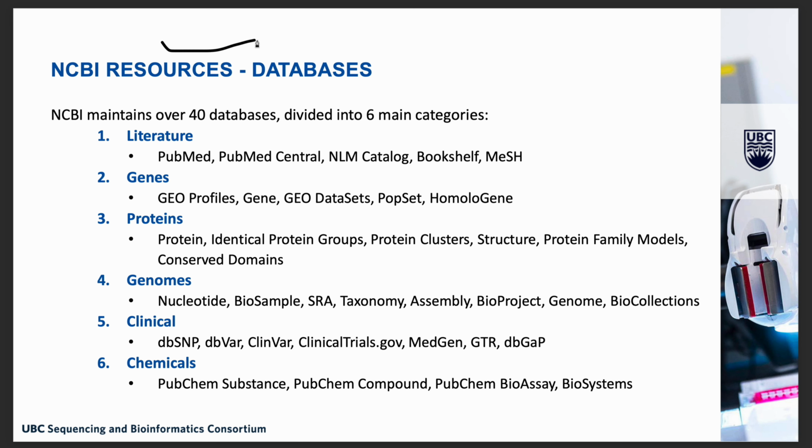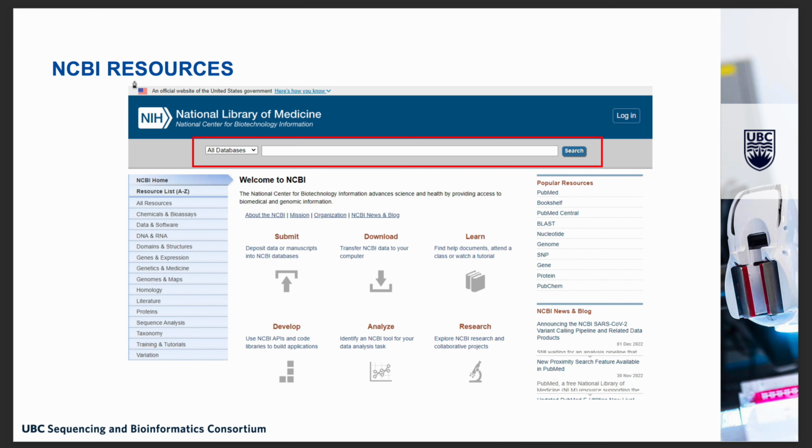Here are the key resources present in NCBI. First would be literature, then we have genes, proteins, genomes, and clinical and chemical. Actually, NCBI maintains over 40 databases, and here are the NCBI resources.